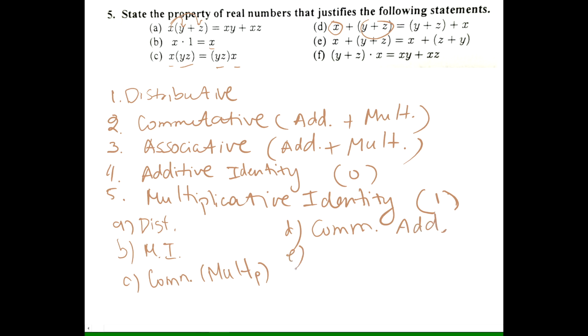Part E. Let's take a look at part E. Here I see that I have x and y plus c. On the other side of the equation I have x plus z plus y.